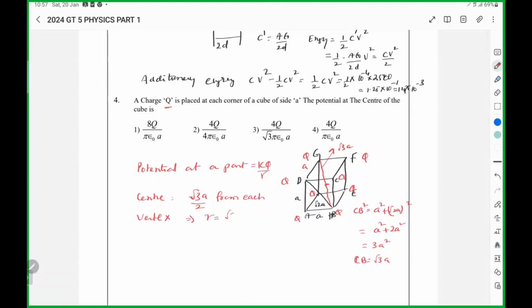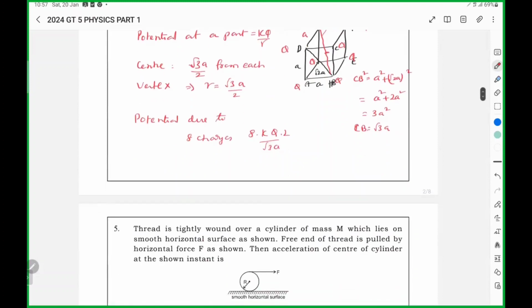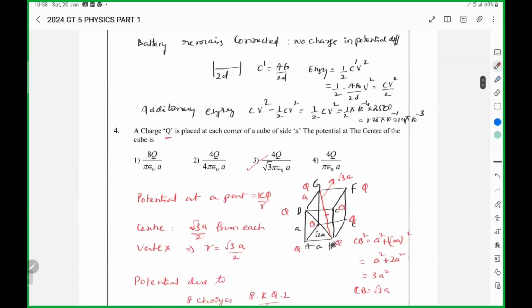So R here is root 3a by 2. So the potential due to 8 charges is 8 kq by R. Here k is 1 by 4 pi epsilon naught, so it is 4q by root 3 pi epsilon naught a. The third option is correct.